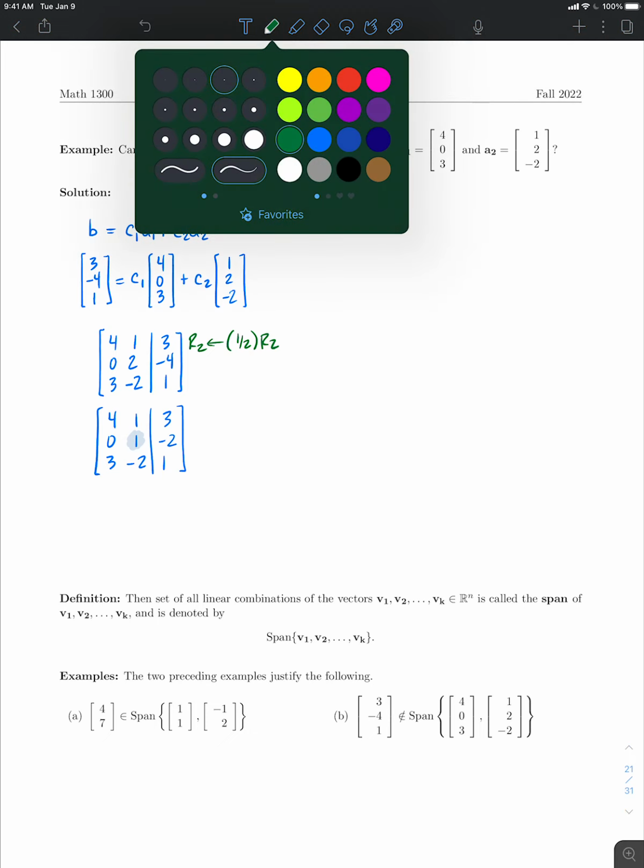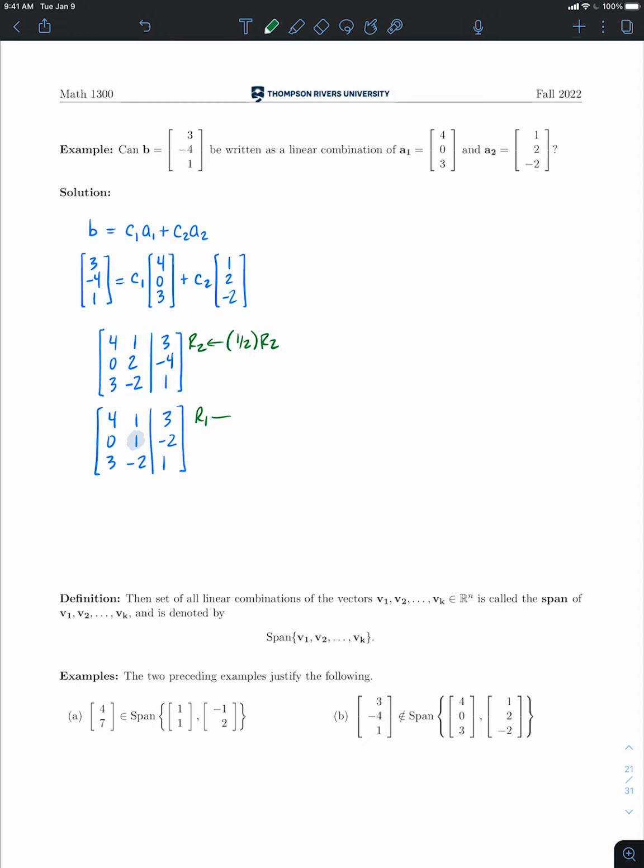Okay, so I'll take row 1 and replace it with row 1 minus row 2. And I'll replace row 3 with row 3 plus 2 row 2. Okay, and that's going to get me the following. We'll have 4, 0, 5. 0, 1, -2, that row doesn't change, and then the third row is going to become 3, 0, 7.